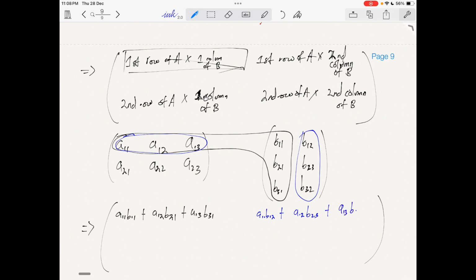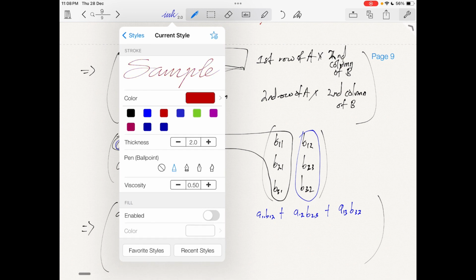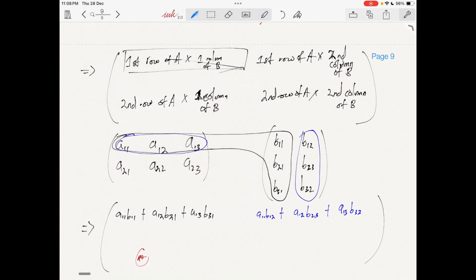Now to get this element here, we will have the second row multiplied by the first column. With that we'll have A21 multiplied by B11 plus A22 multiplied by B21 and A23 multiplied by B31.